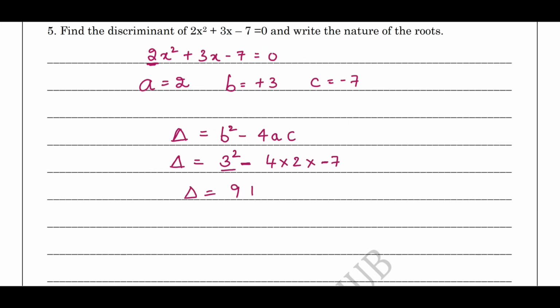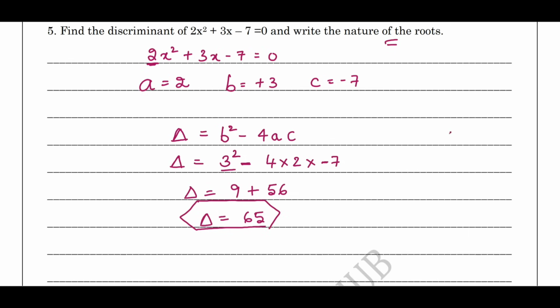Multiply, and you'll get minus into minus plus. 4 2s are 8, and 8 into 7 is 56. Now add with 9. Therefore, delta equals 65. Now you got the discriminant delta equals 65.